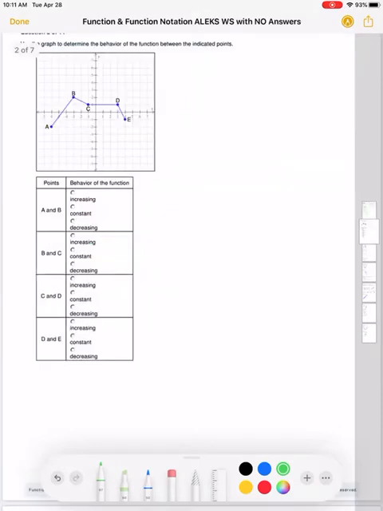Moving on, it says, use the graph to determine the behavior of the function between the indicated points. So what you're looking at, let me put a highlighter on here, is from A to B. What is happening? Did my line go uphill, downhill, stay flat, or not move? And again, remember that you read a graph from left to right, just like you read a sentence. So the first one is that one.